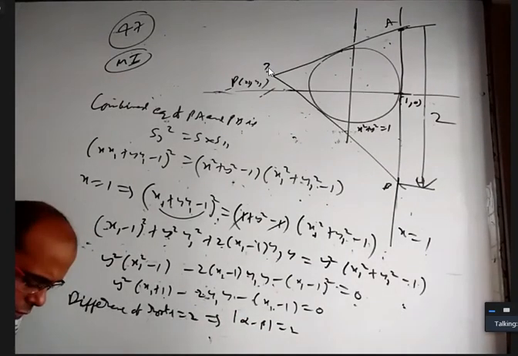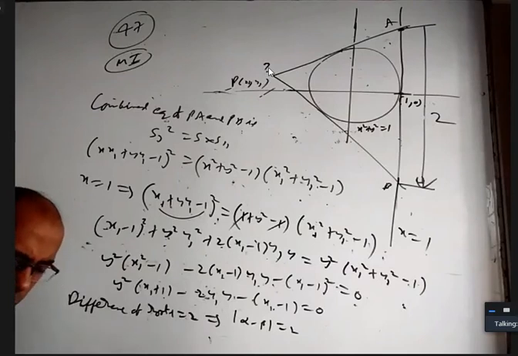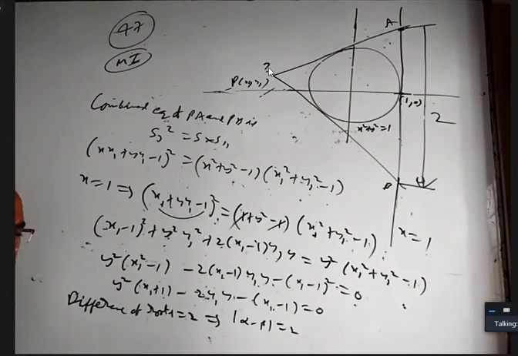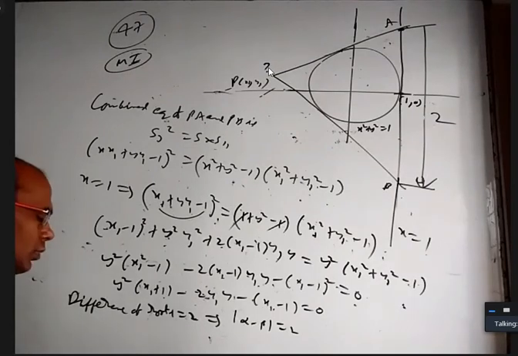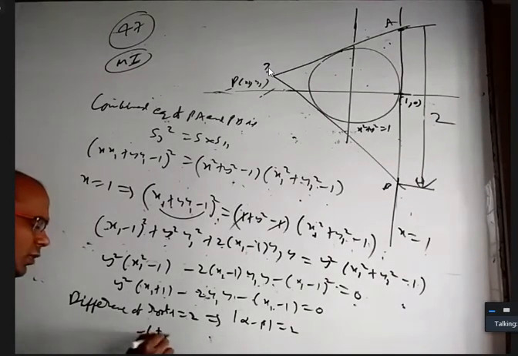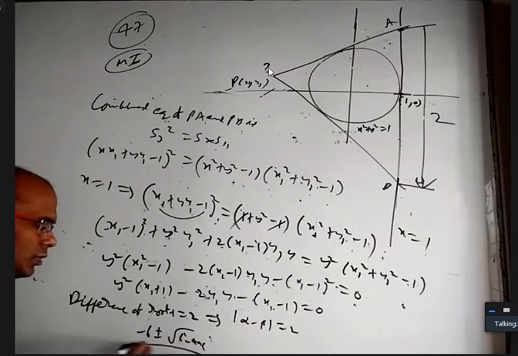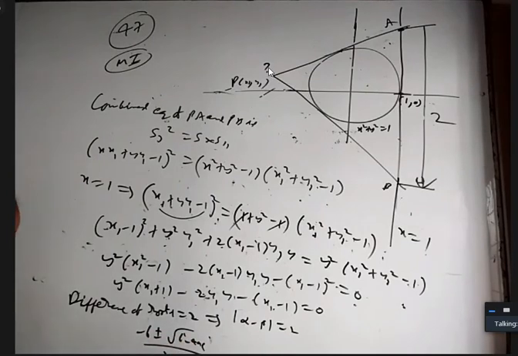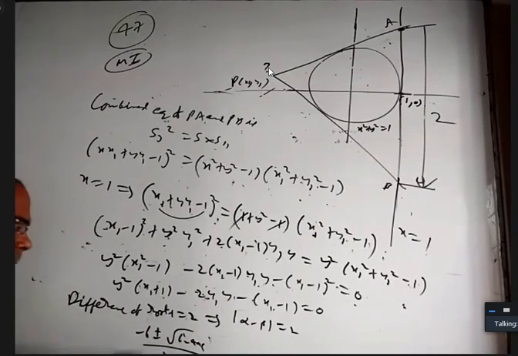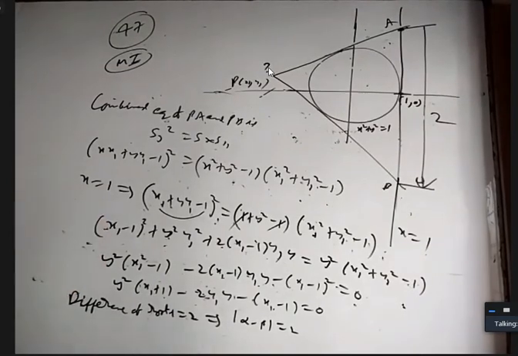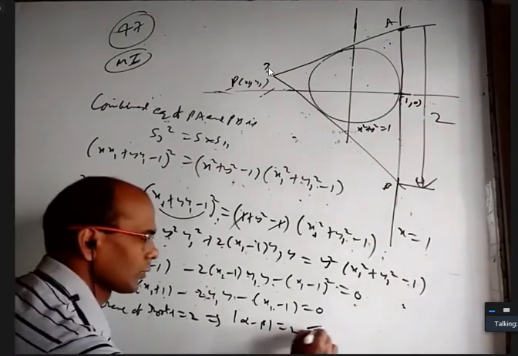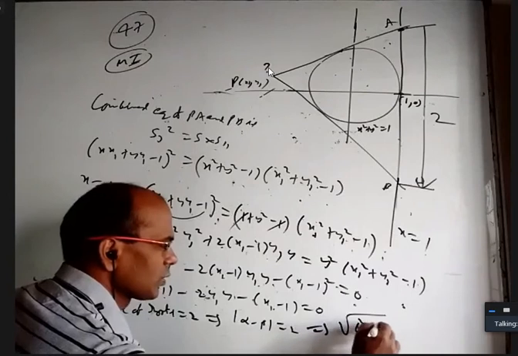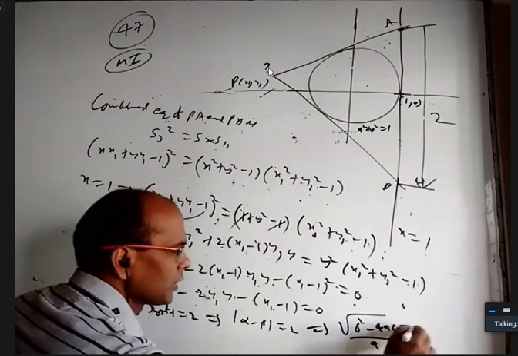According to quadratic equations, the roots are minus b plus or minus root of b square minus 4ac, by 2a, so the difference of the roots is root of b square minus 4ac by a, and this is equal to 2.